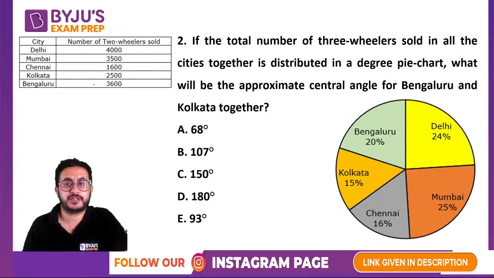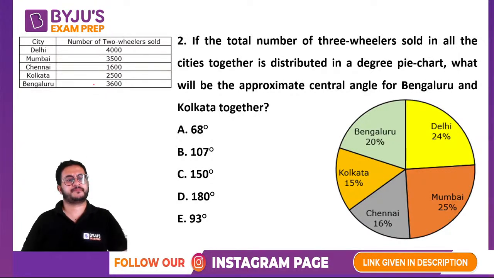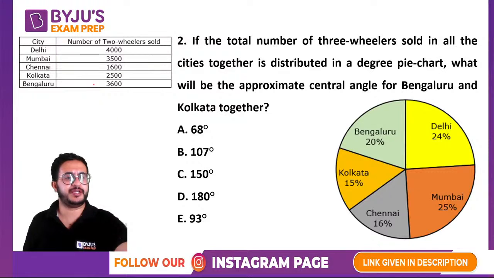It says the total number of three-wheelers sold in all the cities together is distributed in a degree pie chart. What will be the approximate central angle for Bengaluru and Kolkata together? In this question, you need to think how you can find that number.